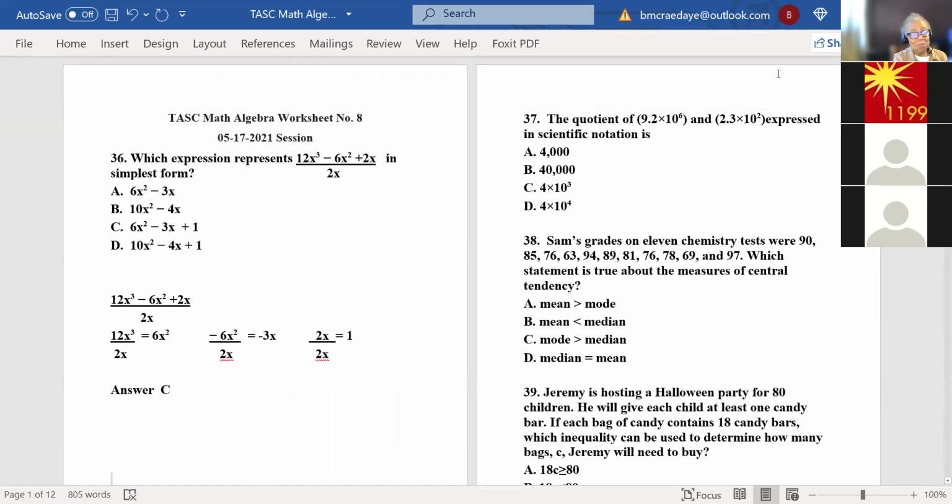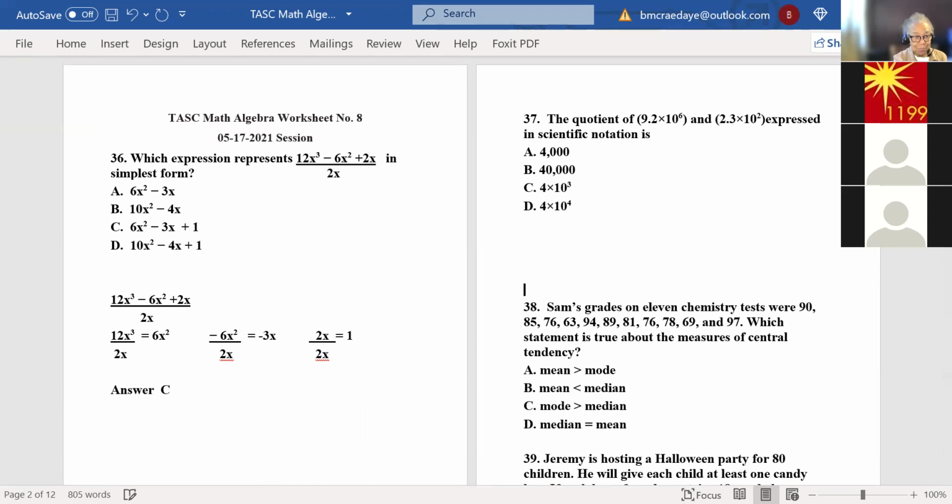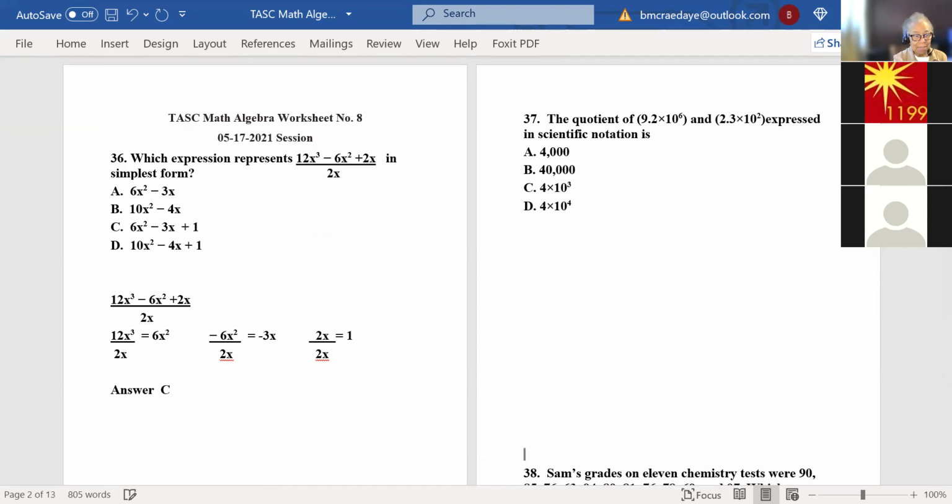All right. Well, when we finish up this sheet, we'll be going into functions. This will be our last algebra sheet, and you'll have an algebra practice test. And what did I tell you the due date? The 28th.